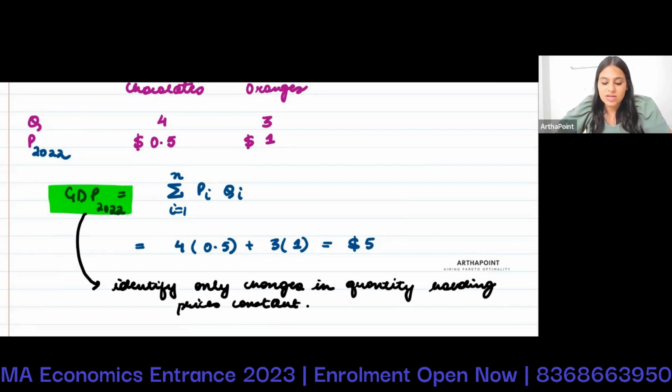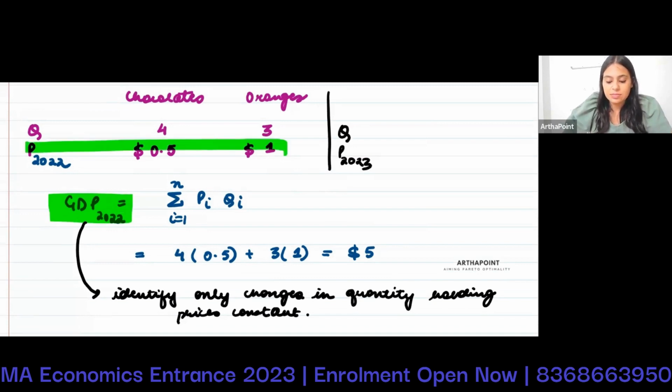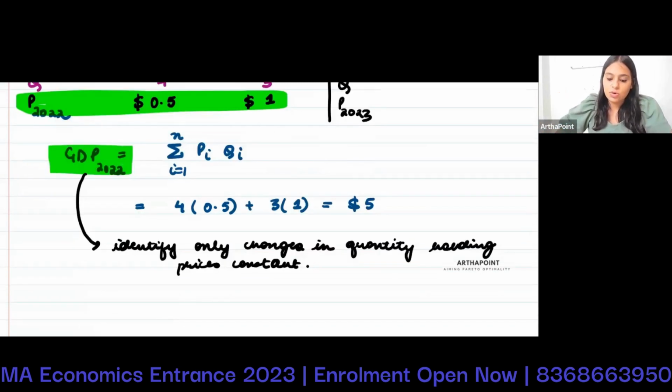I may want to understand that in 2023, both quantity and price will change. But if I want to understand that holding the affordability the same, what happens to the real output? How does only the quantity change? Then I may want to go ahead and find GDP for 2023 holding prices at 2022.